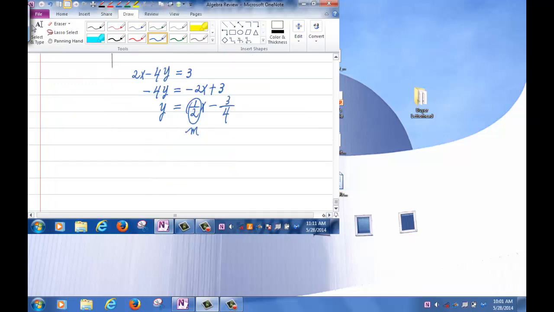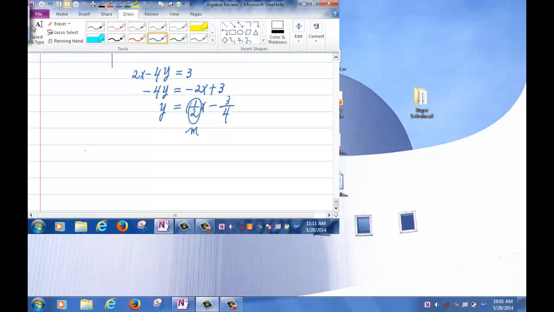So now we know that we are looking for the equation of a straight line going through the point 2, negative 5, and it has slope half. So what's the equation of the straight line? What's the answer?